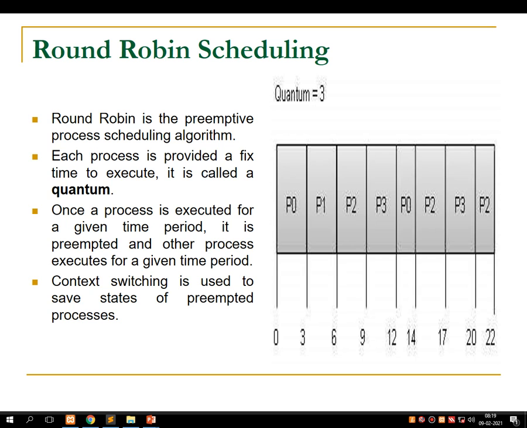Round robin algorithm is a preemptive algorithm where each and every process is given a fixed time. That time is decided by the central processing unit, depending on the resources occupied by that process, for the execution, that is called a quantum.